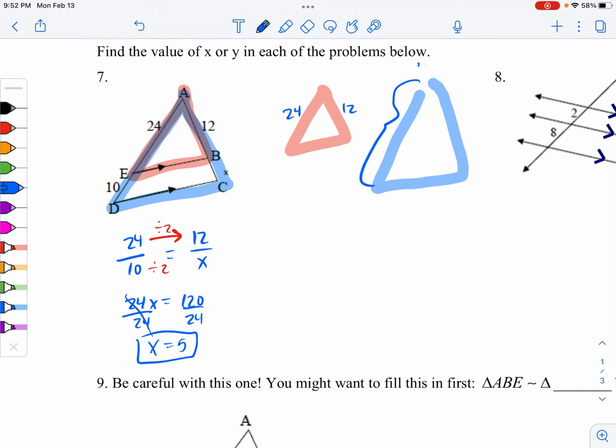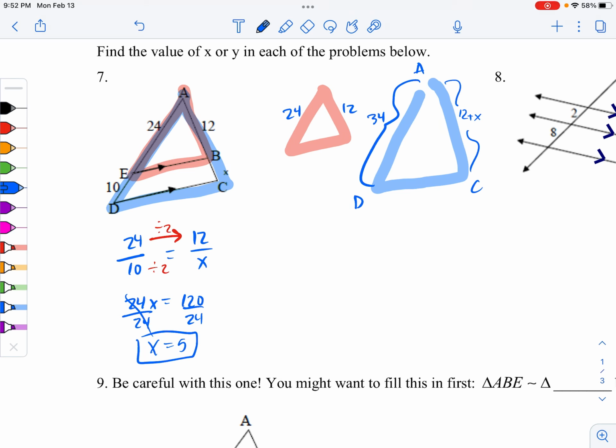Now the blue part is actually A at the very tip top, the vertex, and D. And that length is not 10. That length is 24 plus 10, so that makes this 34. Okay, and then AC has a length of not just x, but 12 plus x.